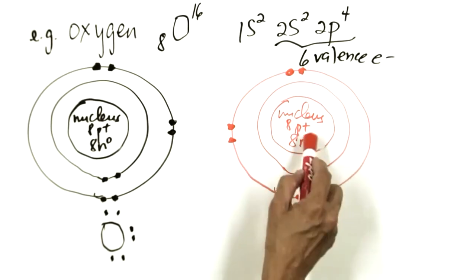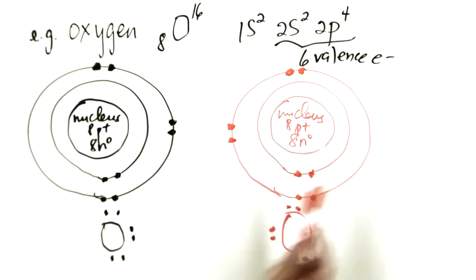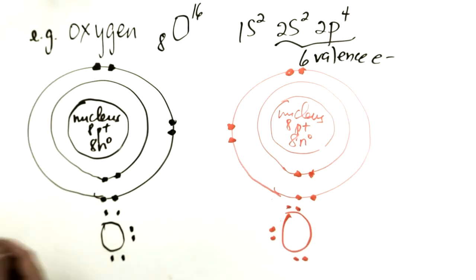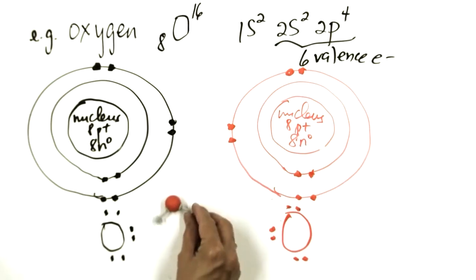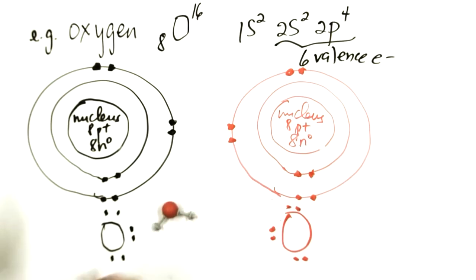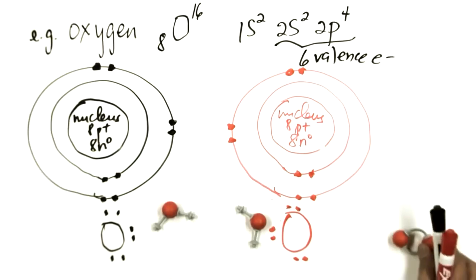If you remember, the symbol will represent the nucleus and the electrons in the inner electron shells. So looking at these 2 oxygen atoms, we can look at an example like this, showing that this oxygen needs another 2 electrons to become stable. This oxygen atom needs another 2 electrons to become stable. And to do that, they will combine and become this.